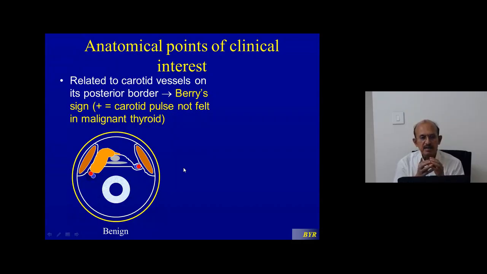Benign swelling, what happens is, its cells continue to divide, but are confined to the basement membrane. That's why in benign swelling, the organ or the gland gradually expands in size. When it's expanding, it pushes the neighboring structures outside.